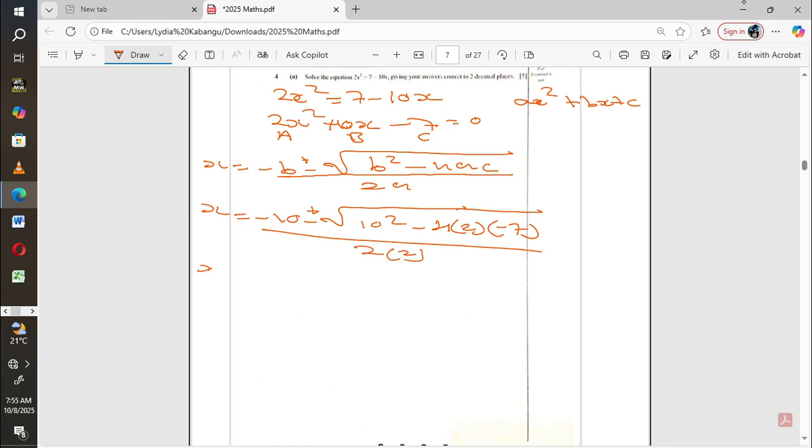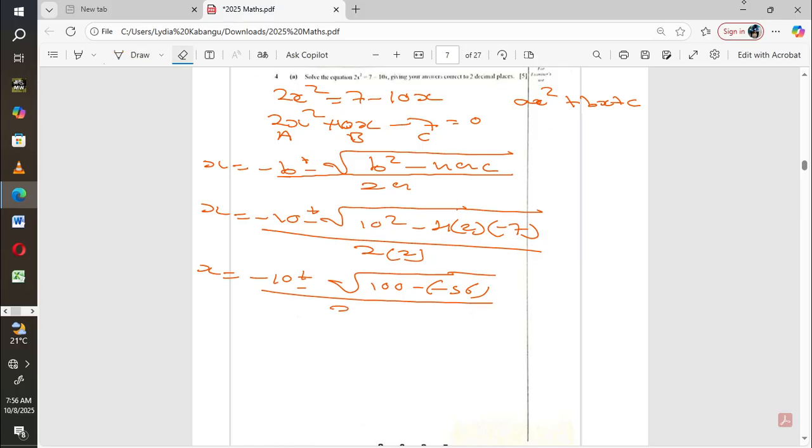Okay, so from there, it would be x equals to negative 10, positive or minus the root. 10 squared, that's 100, minus 4 times 2 times negative 7, we're going to have negative 56. Over 2a, 2 times 2, that's 4. So we have 4 down there.